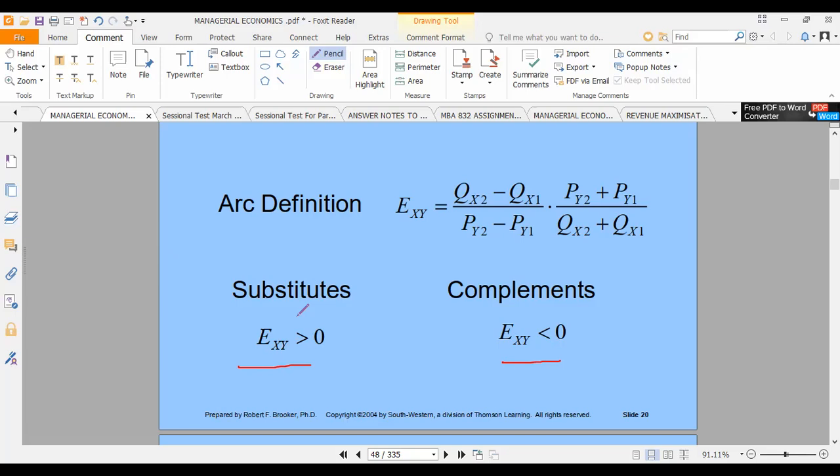If margarine goes up, people demand more butter, holding all things constant. So if your cross price elasticity is negative, just know that the goods you're dealing with are complements. If you get a positive elasticity, you discover that they are substitutes.